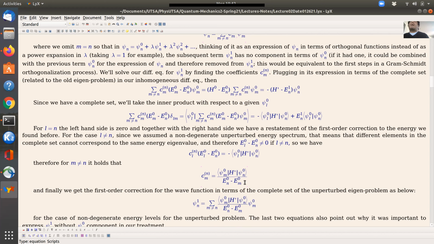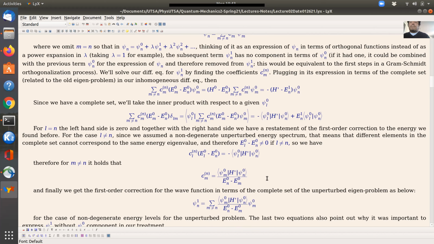And so this is why the energy spectrum not being degenerate is important, because if it was degenerate, there could be the possibility of having different eigenstates with the same energy. There could be the possibility that you have the same energies for different states, and this would be zero.